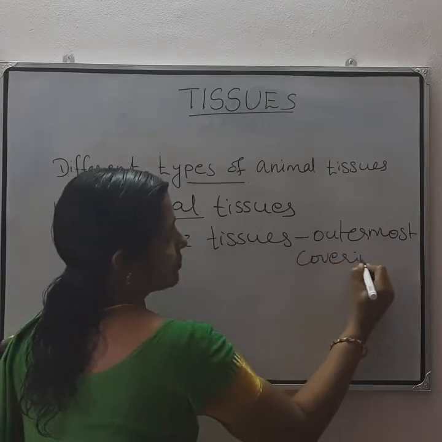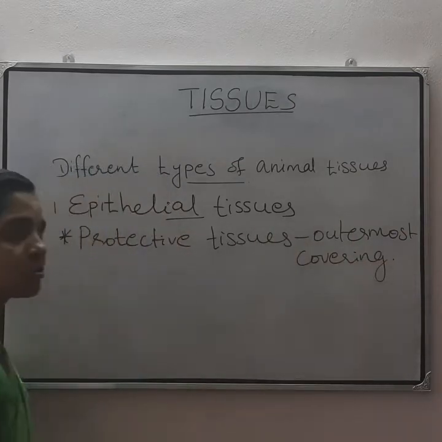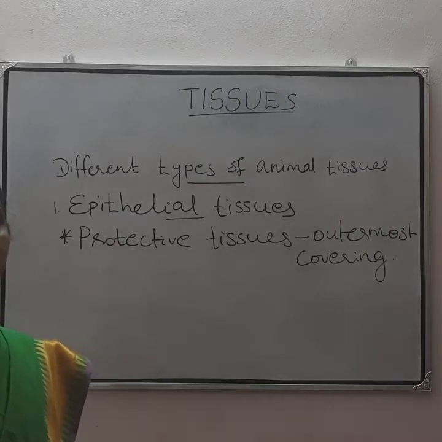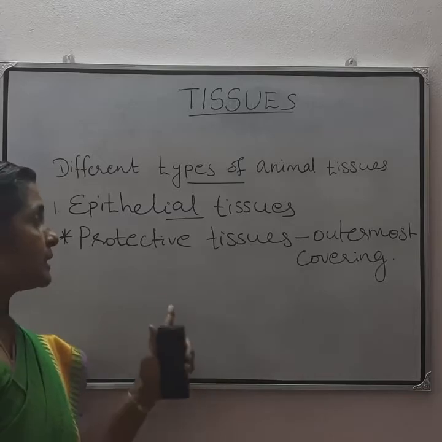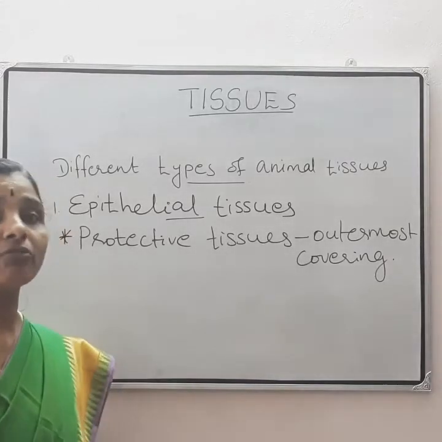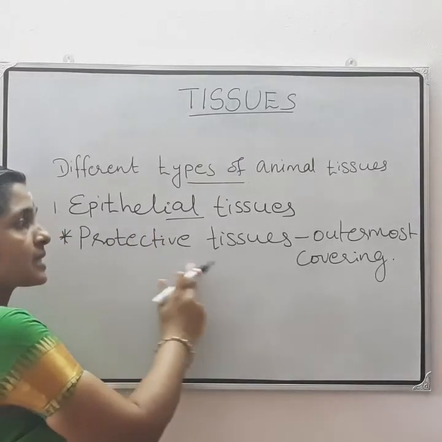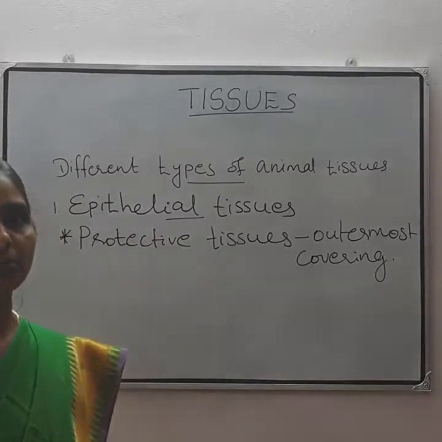Which are the protective tissues present in plants? You know that mainly epidermis, then cork. Similar to that, it is the outermost covering of the animal body. Which one? Epithelial tissues. And these are the protective tissues of the animal body.